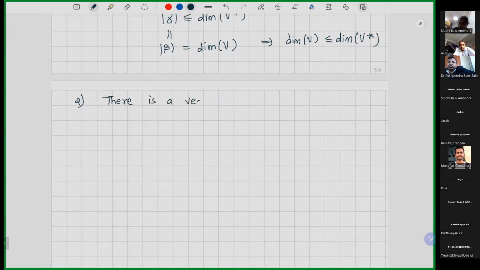The second question is: there exists a vector space V such that dimension of V is strictly greater than dimension of V star. What is your guess?